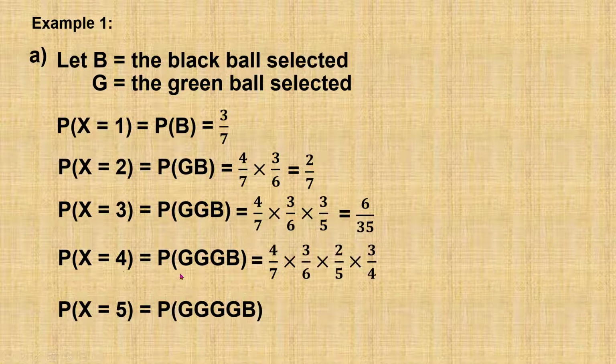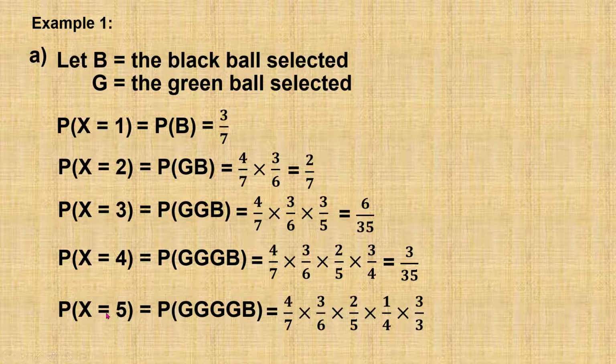When x is equal to 4, first, second, third are green, and the fourth one is black, so the probability is 3 over 35. And when x is equal to 5, first, second, third, and fourth are green, and the fifth one is black, so the probability is 1 over 35.